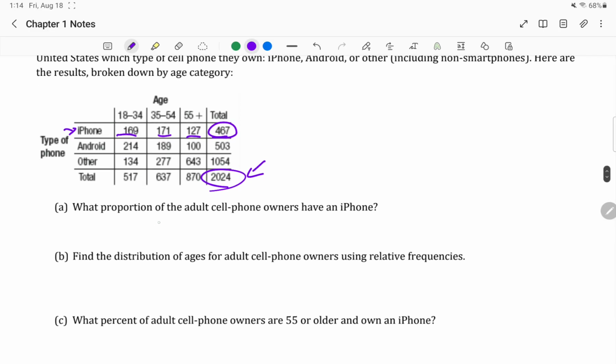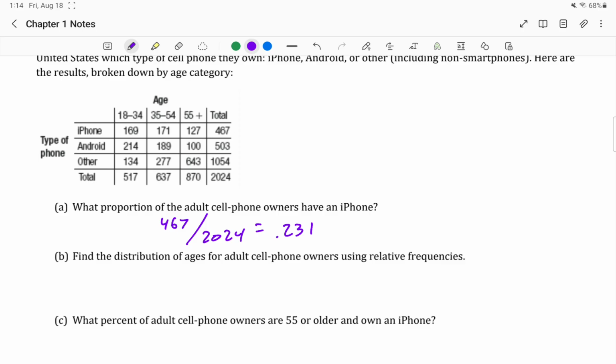So this should be 467 over 2024. Okay, that's the proportion. That comes to a decimal of 0.231. I trust you can type that in on a calculator. I'm taking all iPhone users and putting them over everybody in the survey. So this was a row total over a column total.